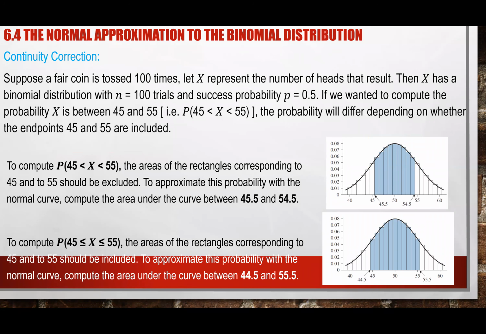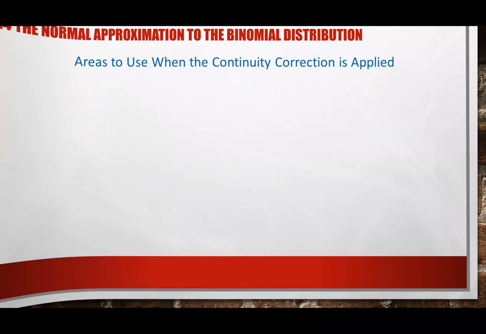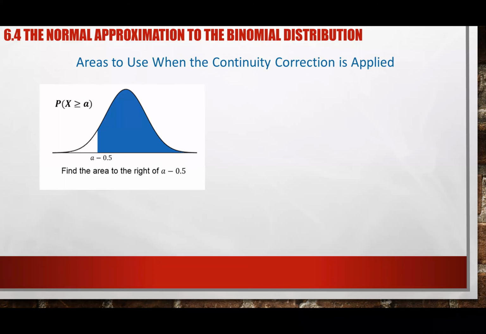Okay, the next slide basically tells you what I just told you: if your area is to the right and you want to include the endpoint, say this is my endpoint, the red line, and I'm looking for the area to the right, I need to make this area bigger. And to make it bigger, I need to extend it to the left by subtracting 0.5.